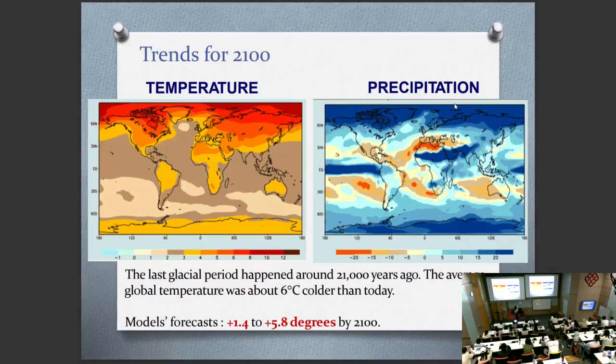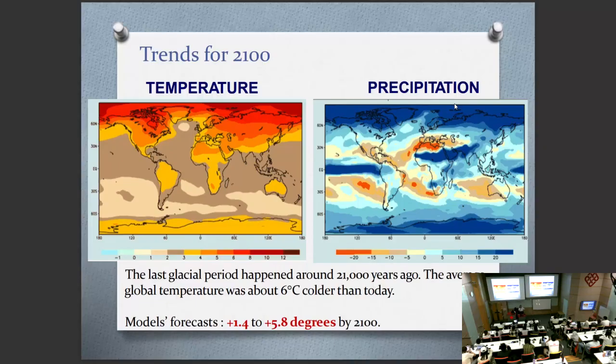Here it says the last glacial period happened around 20,000 years ago. The average global temperature was about 6 degrees colder than today. When we think of a glacial period, the Ice Age, maybe you have watched that cartoon Ice Age, with everywhere covered by ice.